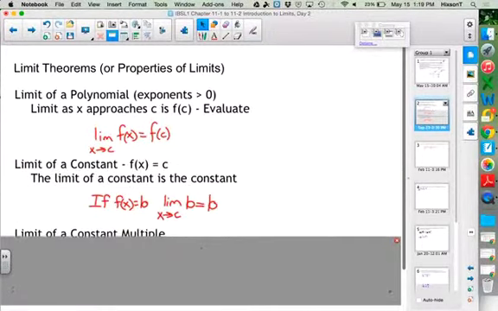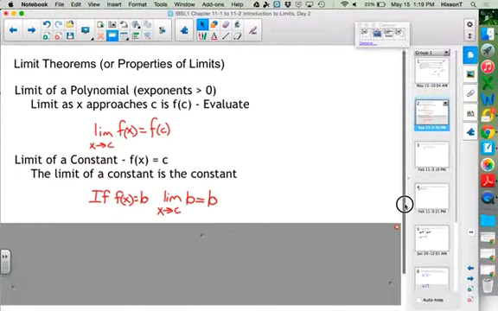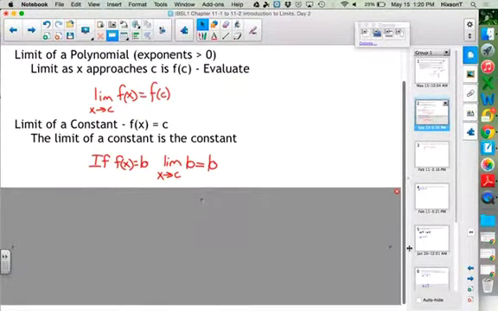So in this case, it doesn't matter what you approach, it's still going to be that constant. So here we have a function equaling some value of b. If we take the limit as x approaches anything of that constant, it's going to stay that constant.